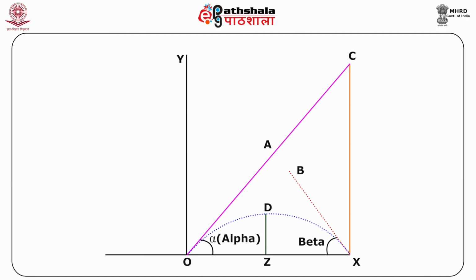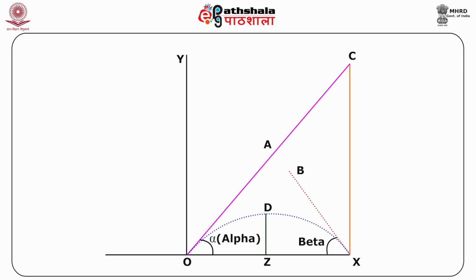Let a bullet be projected from a point O in the direction OC as shown below. OX represents maximum horizontal range and horizontal axis. OY represents the vertical axis. Angle COX is equal to angle of projection.